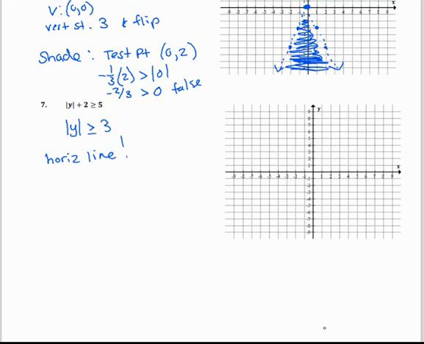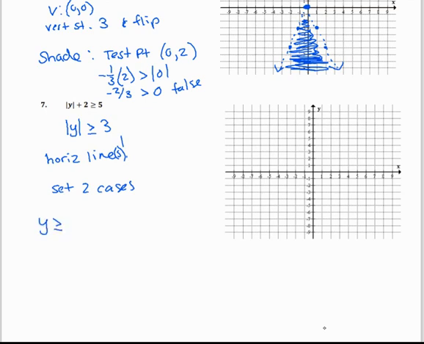So we're going to have a horizontal line, but in this case, horizontal lines, plural. The reason for that is, remember, back when we were doing absolute values with one variable, we have to set two cases. So once I have the absolute value of y alone, we're going to have two cases.